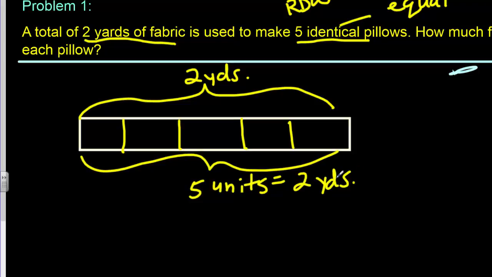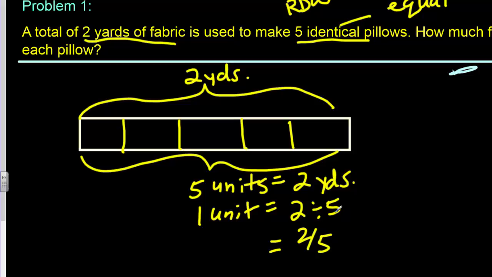When you think about our problem, doesn't that seem pretty basic? We have that much fabric, and we're dividing it up into 5 equal pieces because we want 5 identical pillows. Well, 5 units is equal to 2 yards, so 1 unit would be equal to the 2 yards divided by the 5 equal pieces. 2 divided by 5, we already learned, is 2/5.